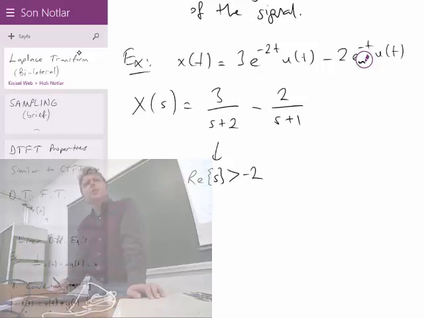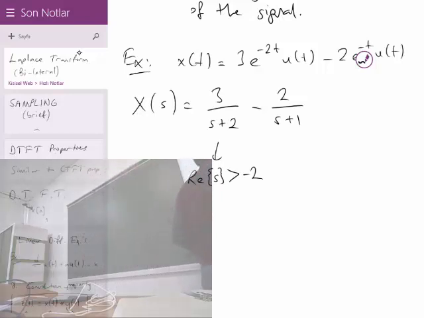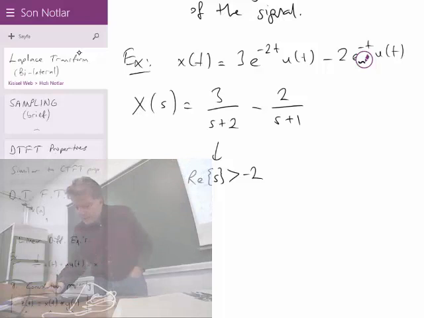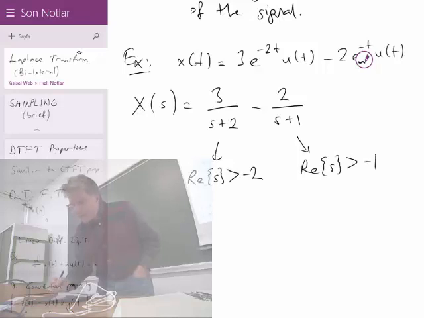That is a region of convergence. At S is equal to -2, there is a pole, and to the right of it, because that's a right-hand side signal, because we have a u of t, so to the right of the pole will mean real part of S is greater than -2. For the second term, we have real part of S greater than -1 this time.